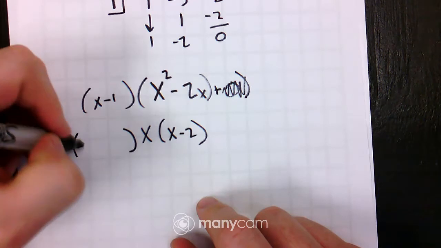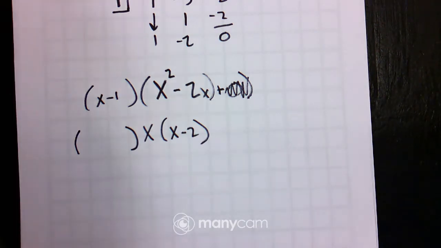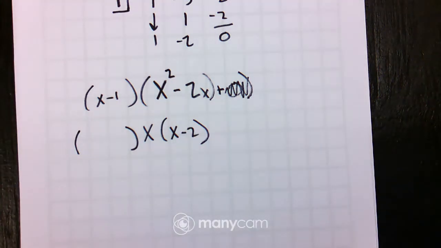So my zeros are 1, 0, and -2. Wait a second, no. It's 1, 2, and 0. Is it 0? There should be a 0. Maybe. I just don't know.